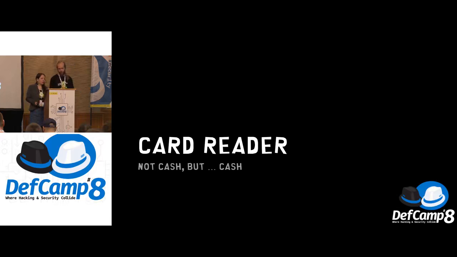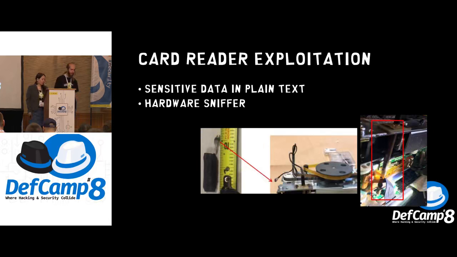Another goal of criminals is track 2 data from your cards, and let's speak a bit about this. Yes, in some cases, attackers might intercept the track 2 data in plain text, for example, through the network or through USB traffic sniffing.